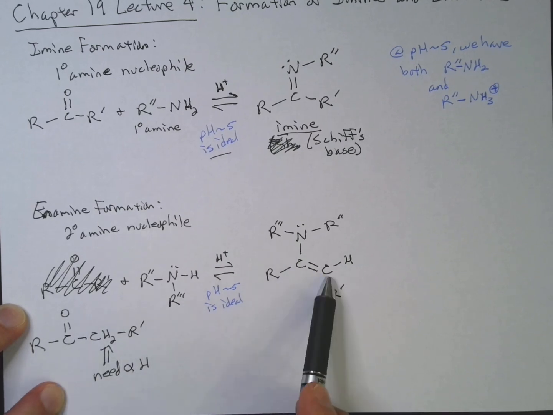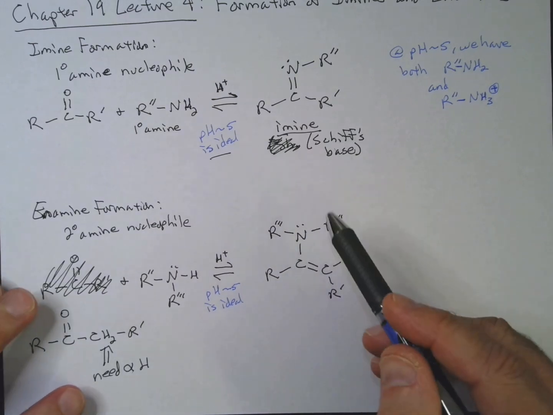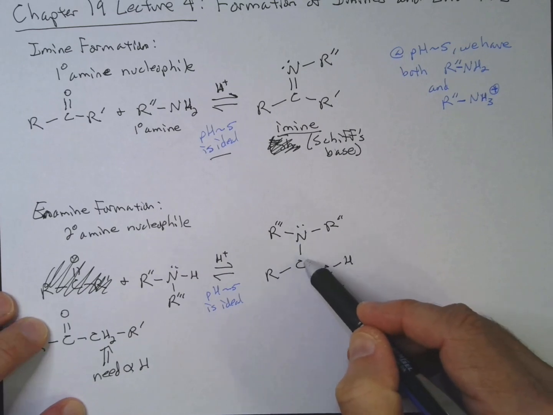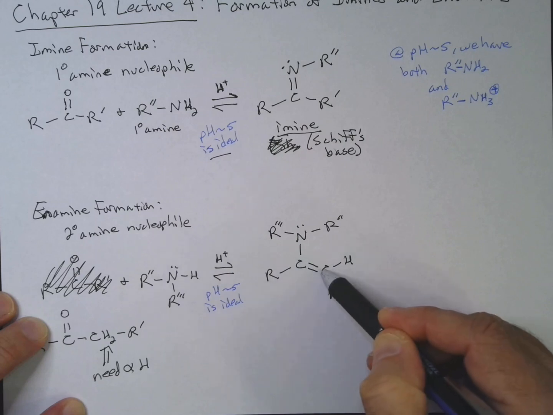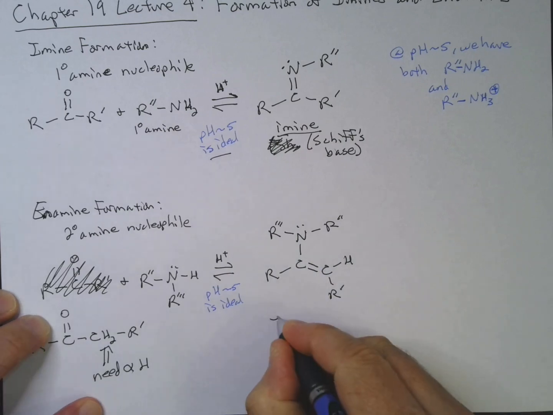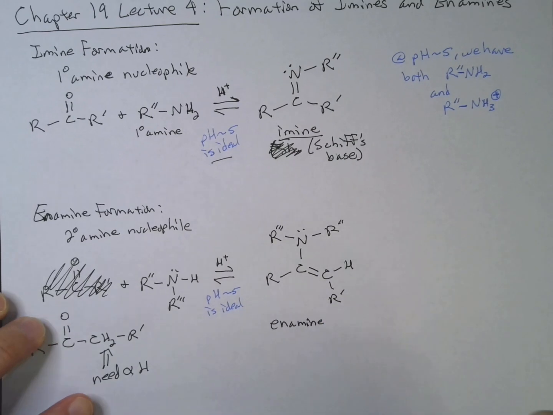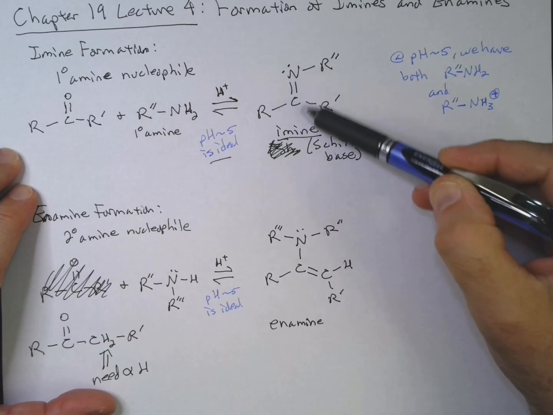That's my new double bond there. And I get a new carbon-nitrogen single bond. And we'll look at why we get this type of structure with a CC double bond in the enamine, while we got a CN double bond in the imine.